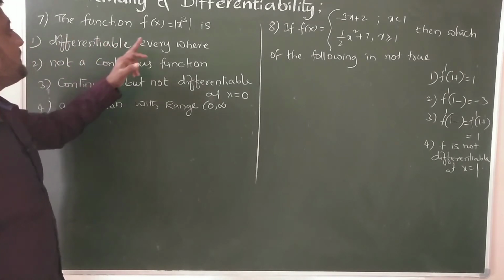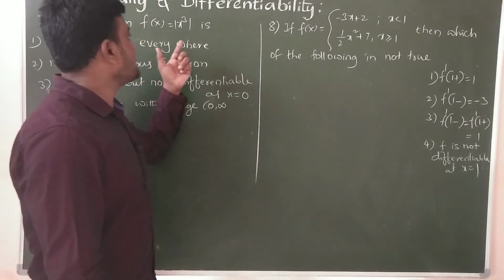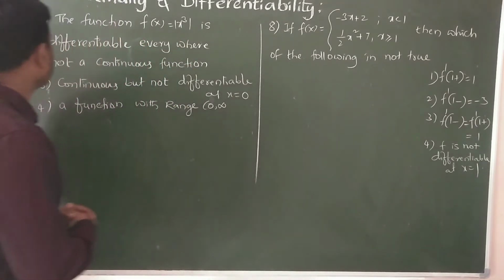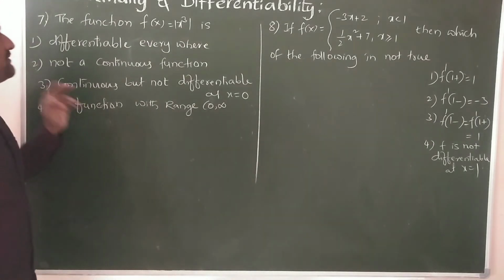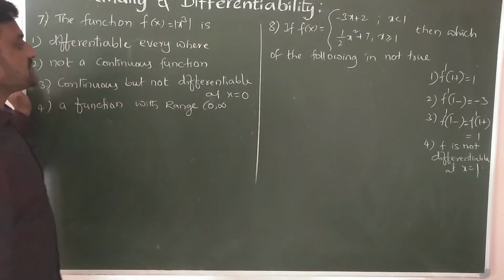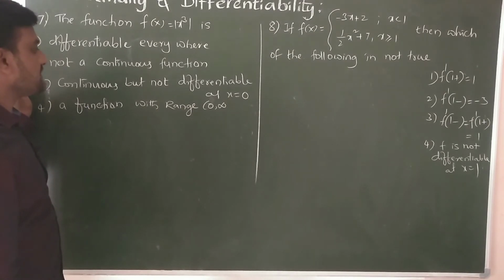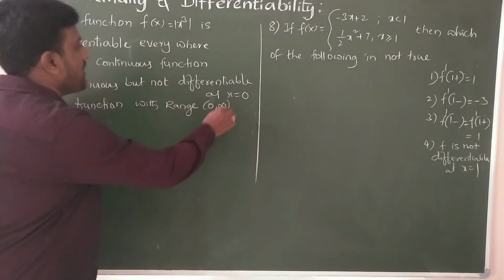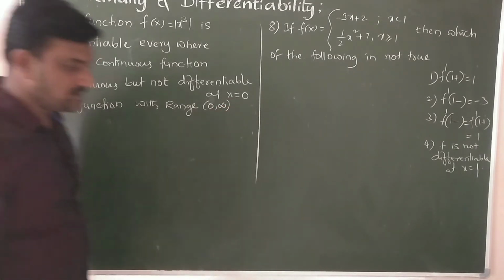The function f of x equals modulus of x cube is: differentiable everywhere; not a continuous function; continuous function not differentiable at x equals 0; a function with the range 0 comma infinity.